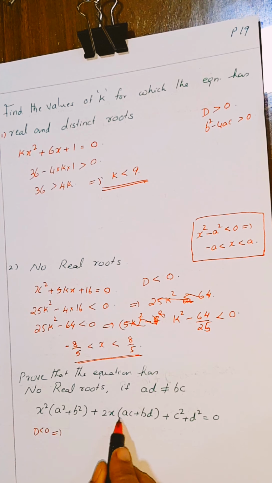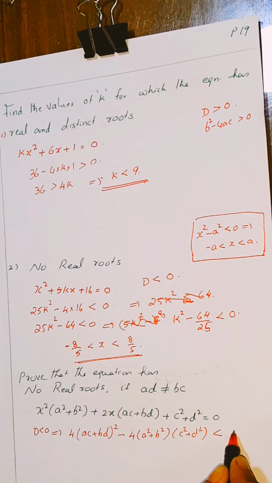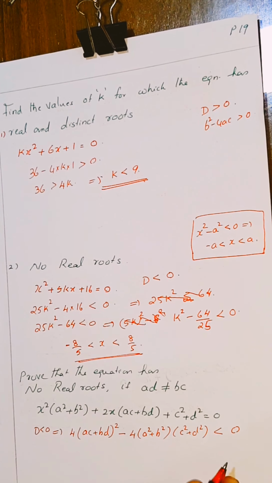B squared minus 4ac will become 4 into AC plus BD the whole squared minus 4 into a squared plus b squared into c squared plus d squared is less than 0. So we have to prove this is less than 0.